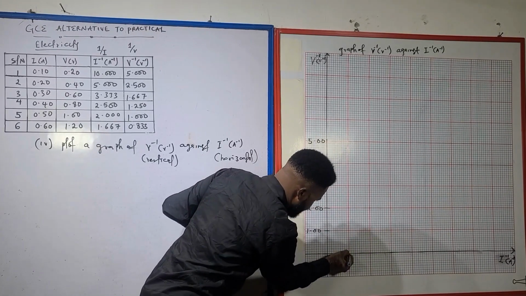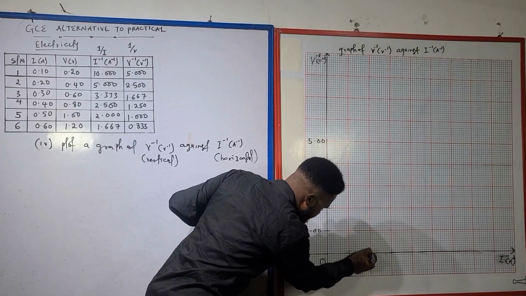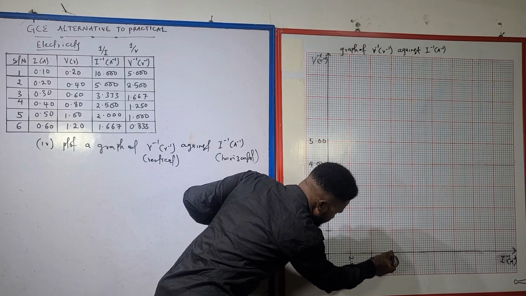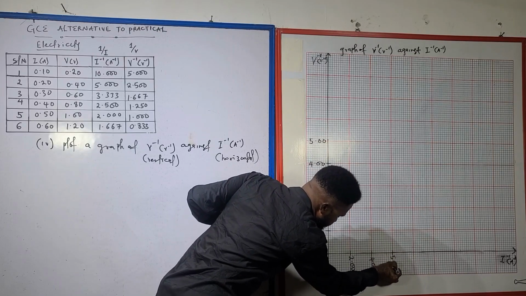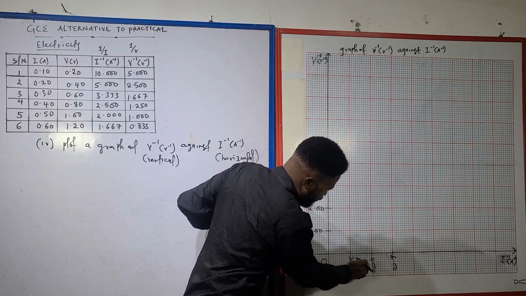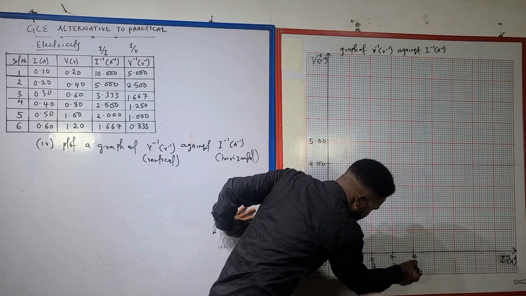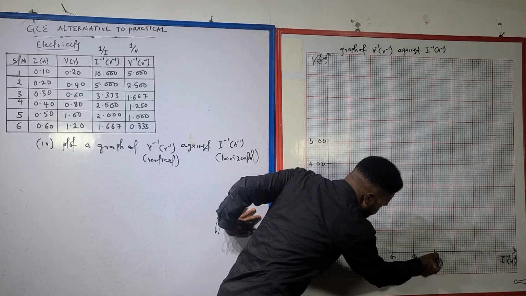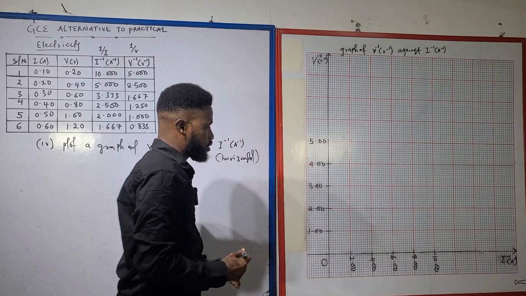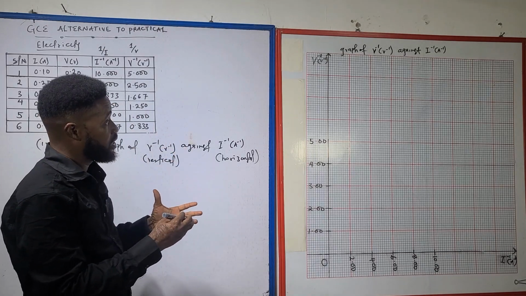Yes, 2.00, 4.00, 6.00, sorry, going in 2 units, 2, 4, 6, and then 8.00 per ampere, then 10.00 per ampere. So that gives us a clear sense of what we want to plot.